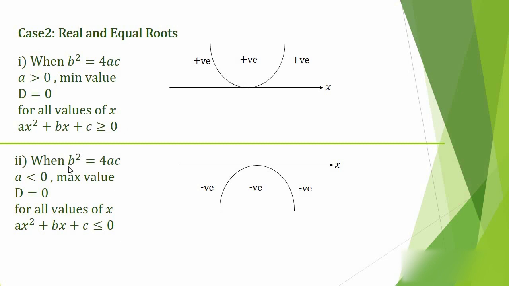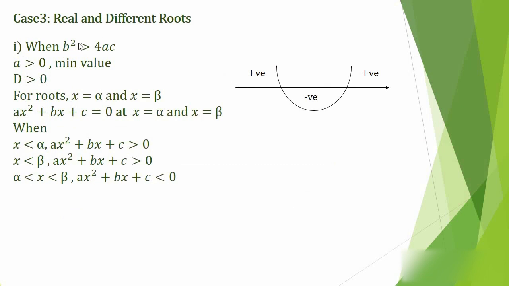And then in the case where we have b squared is equal to 4ac, and then a is less than 0, giving us a maximum value, we have that ax squared plus bx plus c is less than 0 because it is beneath the x-axis. So it is less than 0 or equal to 0 because it touches the x-axis here.